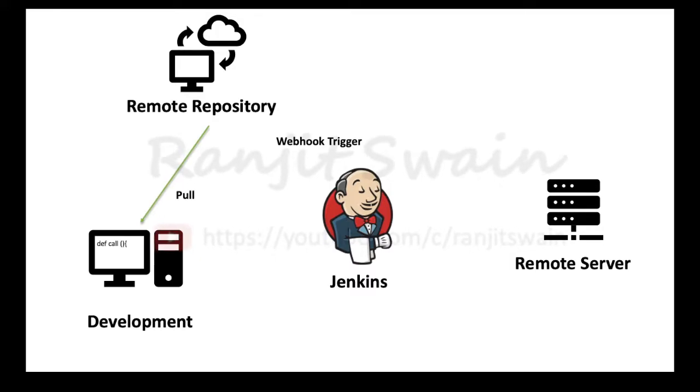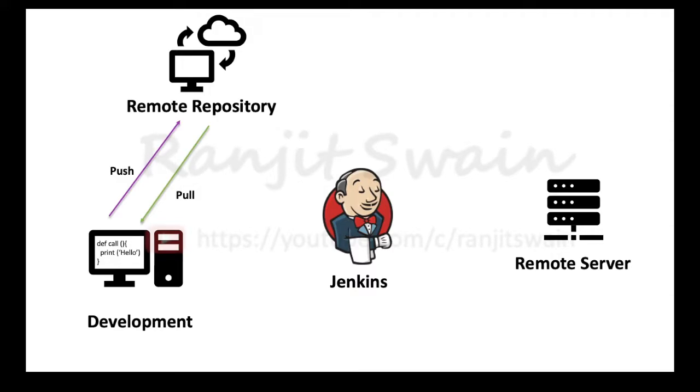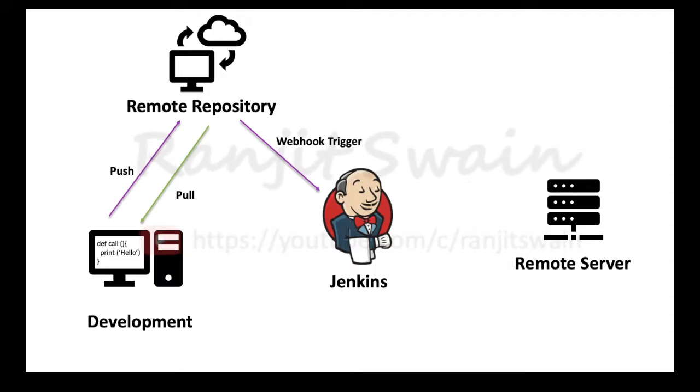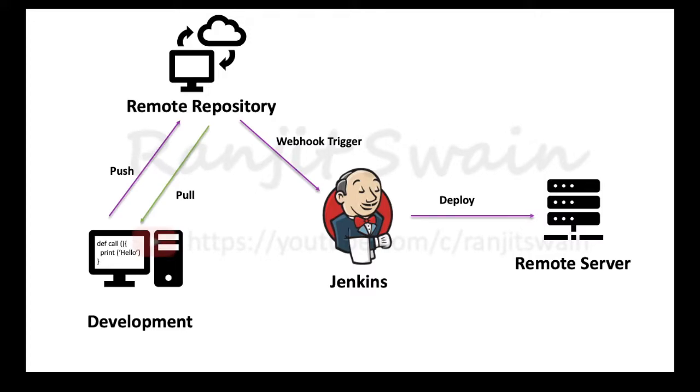Next, once he makes code changes or writes any new modules, he can simply push the code to the remote repository, and automatically a webhook trigger will be triggered and the Jenkins tool will start the building process and deliver the final product to the remote server, any staging server, development server or your production server. So the code can be deployed to any of the servers.